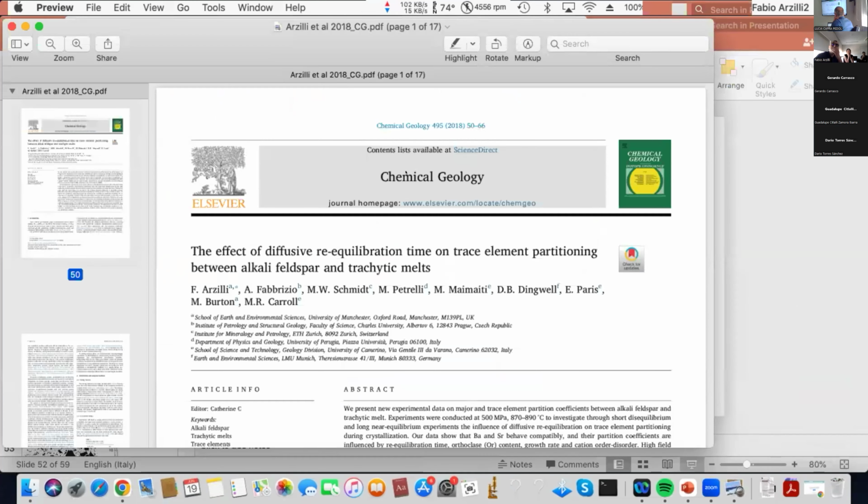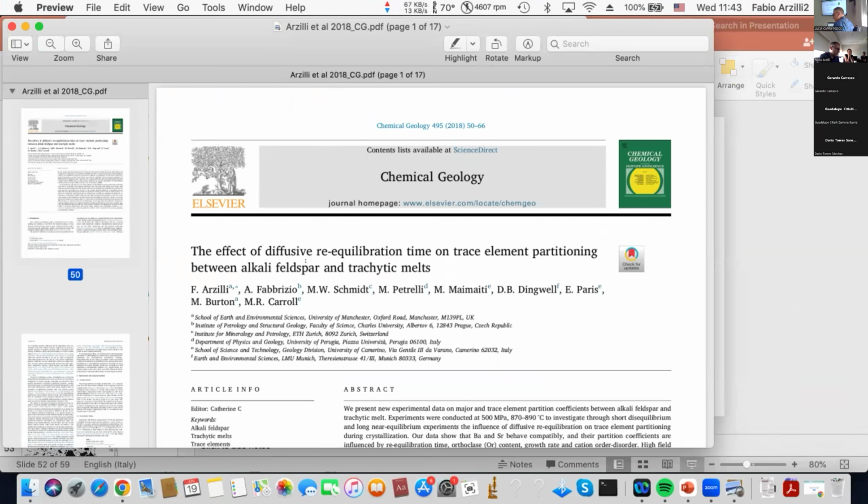I have this paper published in 2018 where I performed exactly what you are asking. It was on 3D melts, considering alkali feldspar. And what I observed is that there is a diffusive equilibration through time.